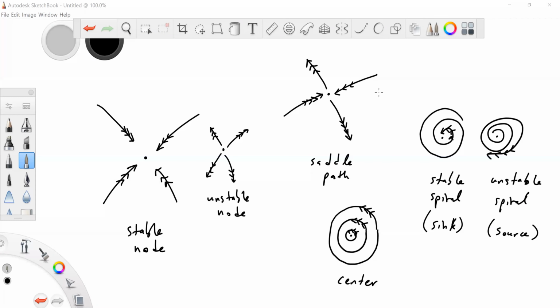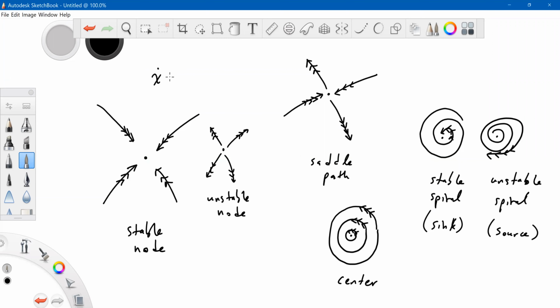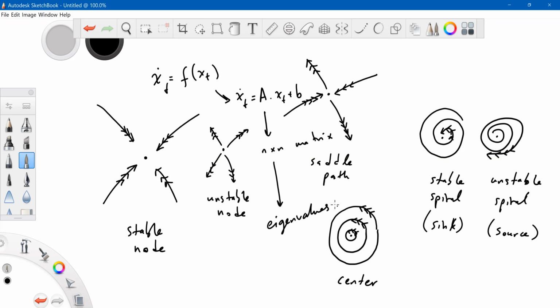The idea is that when I have a system like this, which is a nonlinear system, it will be transformed into a system like this, where A is an n by n matrix. Then this matrix will have eigenvalues, and of course, eigenvectors associated with them as well.